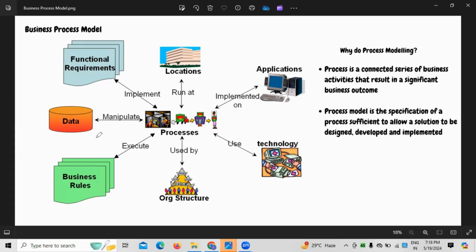But how can this be implemented? First, we need to identify what features are needed. We have to define all the functional and non-functional requirements of the particular application. Being a BA, we have to define them with the help of the technical team and the stakeholders. I'm talking about customers.